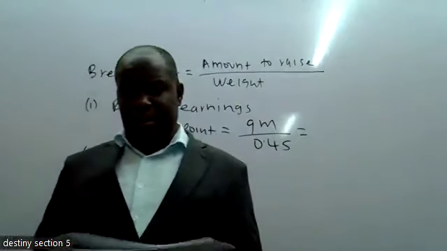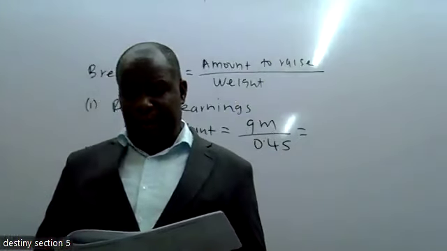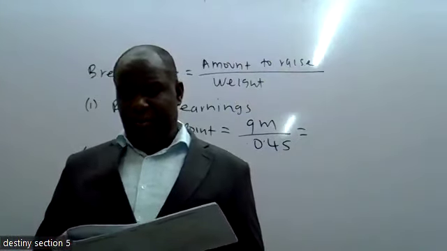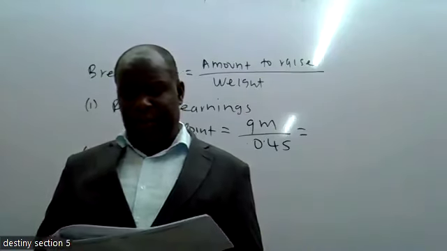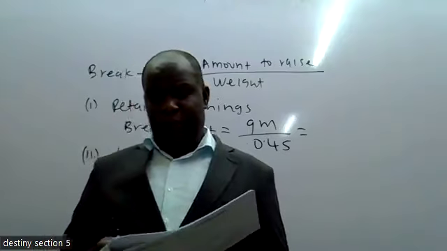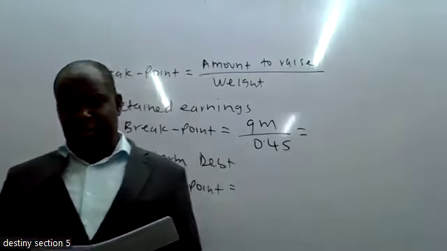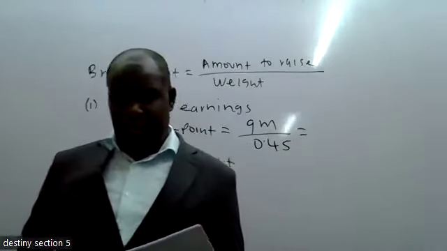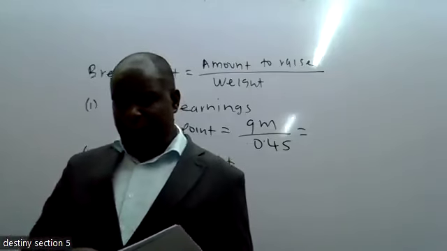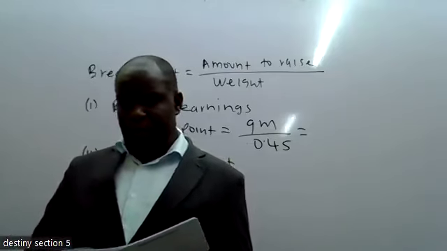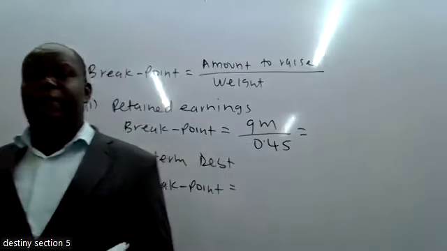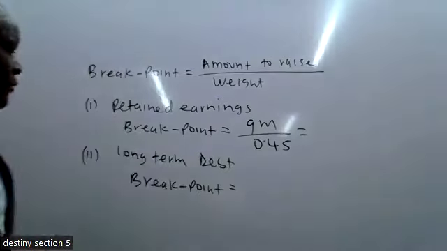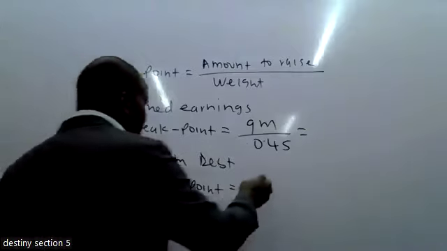The 9% redeemable debenture, the par value is given as 1,000 each, will be sold with the net proceed of 95% due to a discount on issue of 2% and a flotation cost of 30 per debenture. Maximum amount available from the issue of the 9% redeemable debenture will be how much? 4 million. So we take the 4 million.